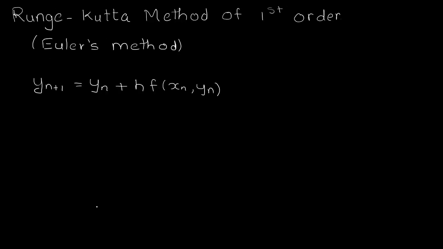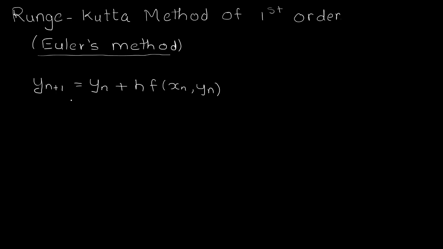Now we will go for the Runge-Kutta method of first order. We have Runge-Kutta method of second order and Runge-Kutta method of fourth order. This Runge-Kutta method of first order is also called Euler's method. The question can be anything: solve using Euler's method or solve using Runge-Kutta first order method. Anything is fine.